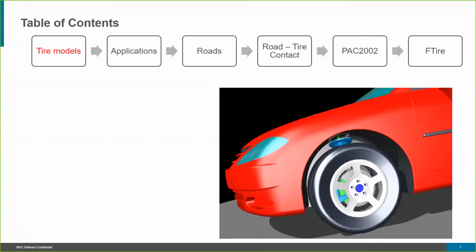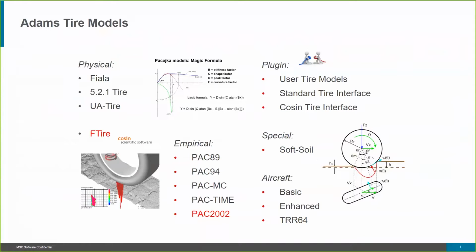So to touch upon the tire models, they traditionally fit under certain categories. There's the physical tire model, which includes a few tire models here that you can see, FTire being the most mature. There's the empirical tire models, which are formulated with the Pacejka tire model, magic formula, as it's better known.